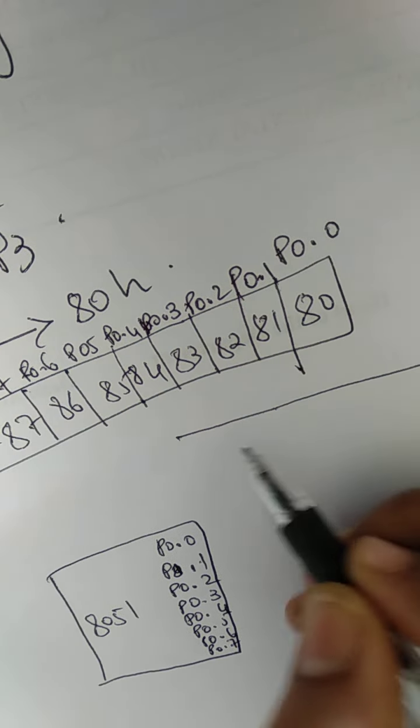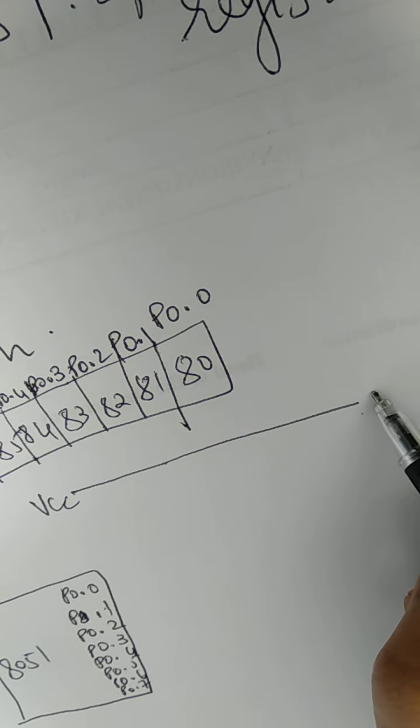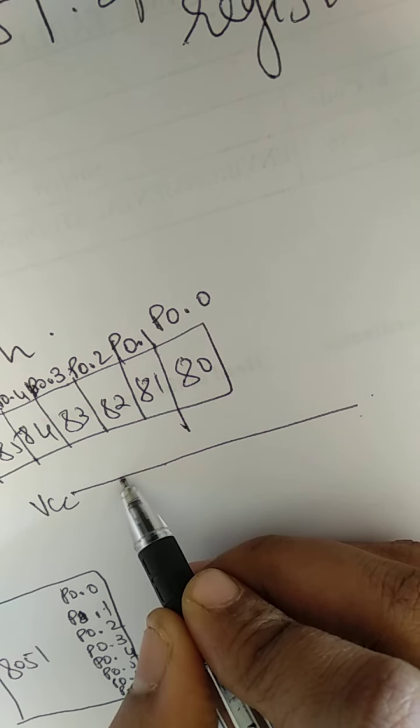So this is VCC, and these are the 10K resistors.